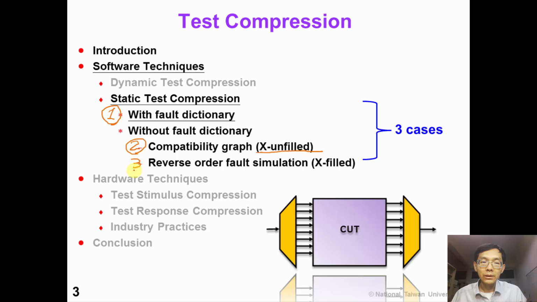In the third case, we can consider static test compression with the don't care bits filled. So there are totally three cases for static test compression. Now we start with the first case, static test compression with fault dictionary.